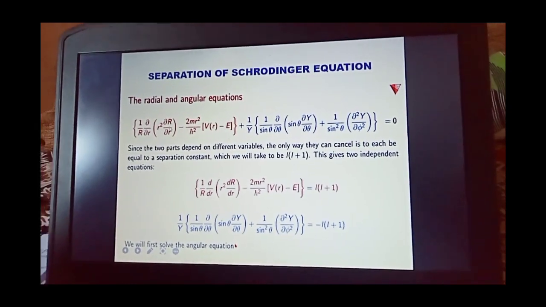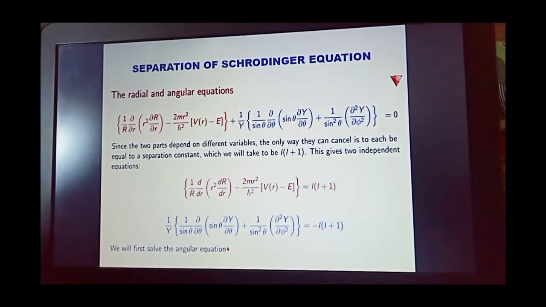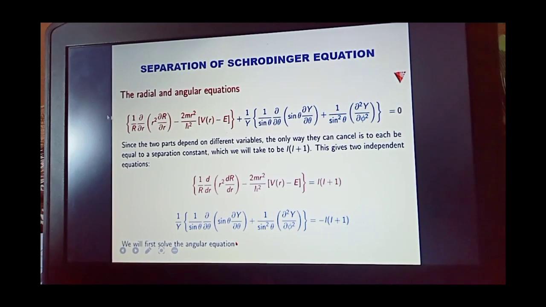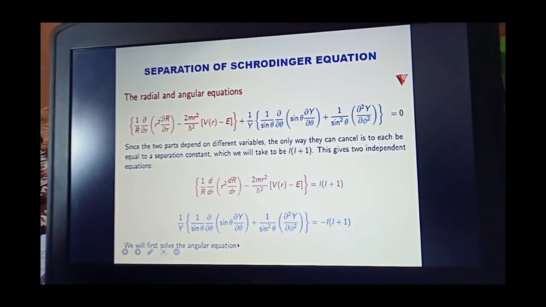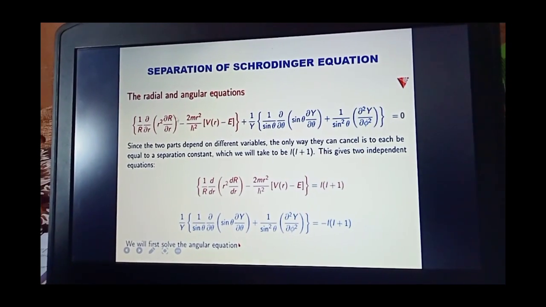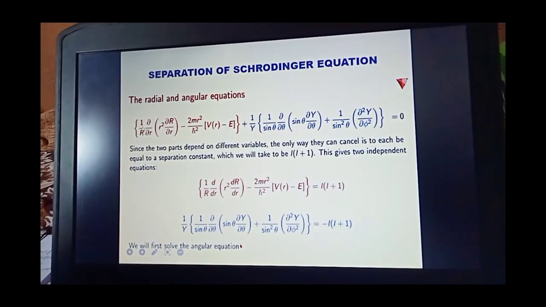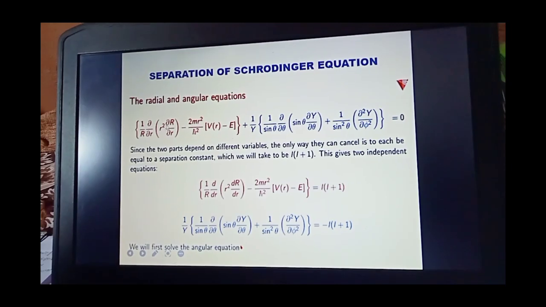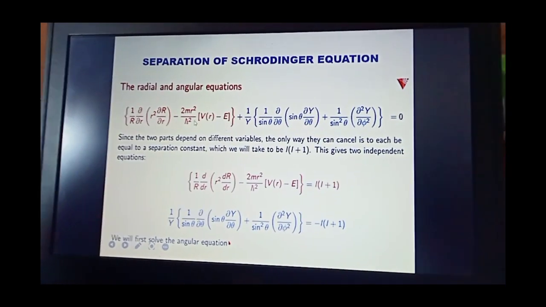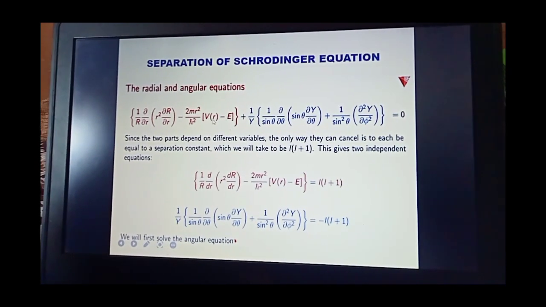Here we have already separated out the radial and angular parts. We use red color for the radial equation and blue color for the angular equation. Our radial equation is 1 by R ∂/∂r of (r² ∂R/∂r) minus 2mr² by ħ² into (V(r) minus E).